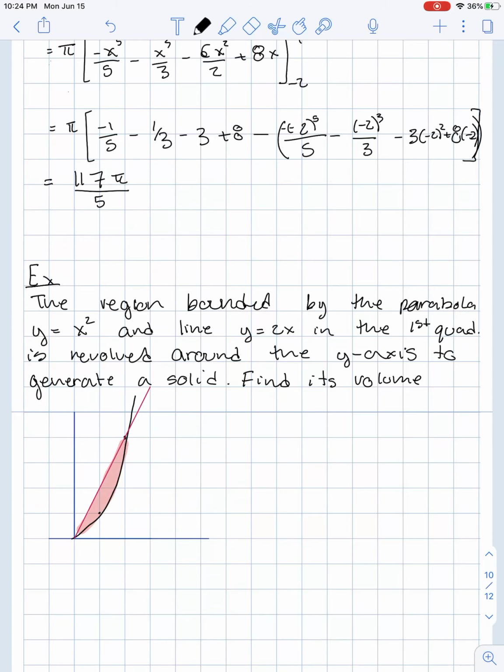So we're revolving around the y-axis. So that means my radius is going to be, when I was doing area between two curves about the x-axis, I had top and bottom. Against the y-axis, I can't do top and bottom. It doesn't exist in the y-axis world. I'm going to think of it as outer versus inner.